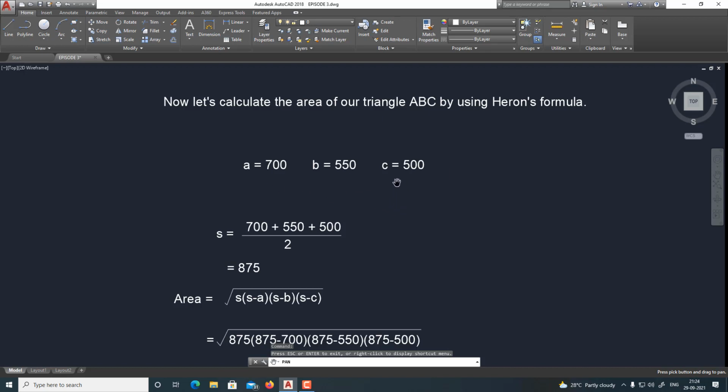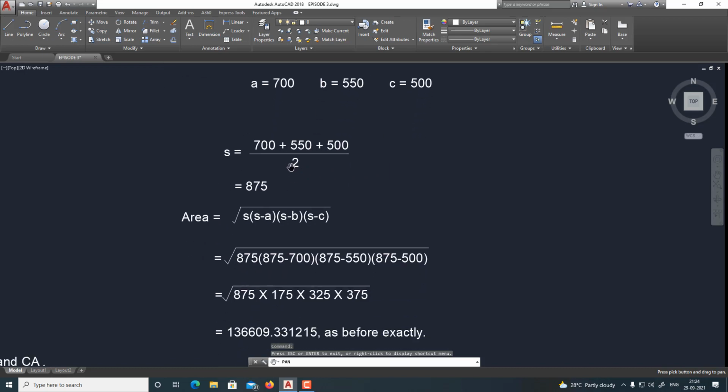If we know these three sides, we can calculate the area. Here, semi-perimeter is 700 plus 550 plus 500 by 2. This is equal to 875. Area is equal to root of S into S minus A into S minus B into S minus C. S is 875.